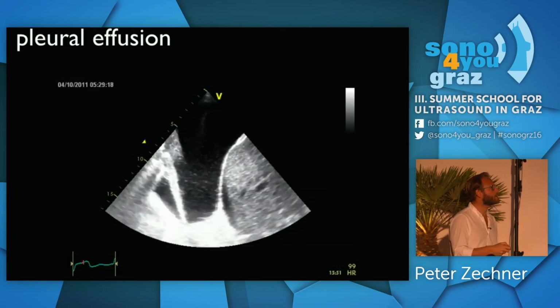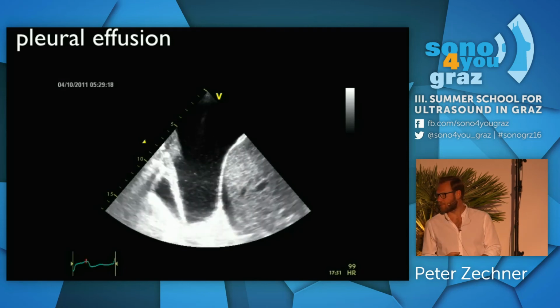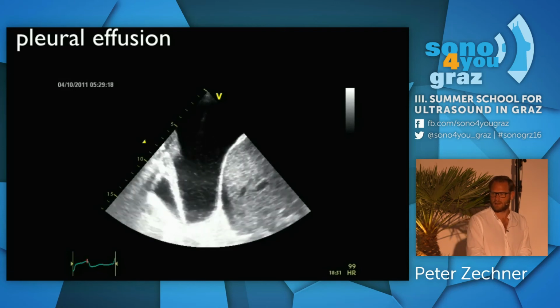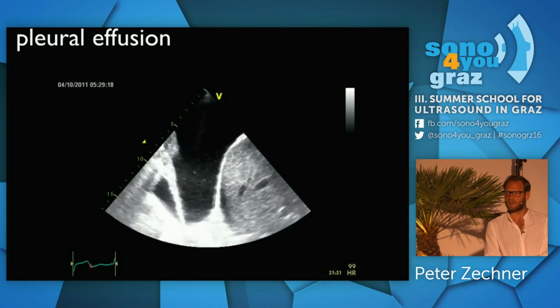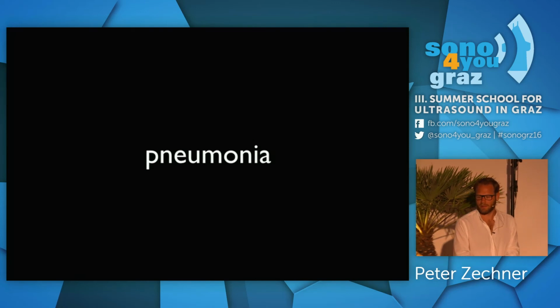Here again, another picture with the cardiac probe, the liver, diaphragm. Here, this black area is the pleural effusion. And here we can see some little atelectasis due to compression. Okay? That's all about pleural effusion.